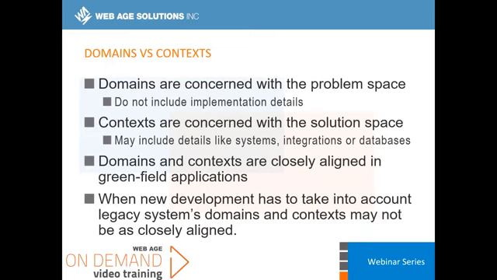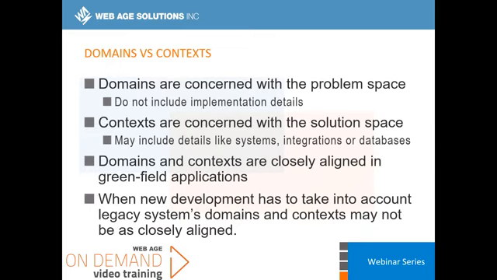Many times we can defer those decisions to a later stage rather than up early in the design stage. But sometimes we know where we're going to get our data from, or we know what we have to integrate with, in some cases what services we may need to employ, etc. So when I map a concern or a domain to a context in a greenfield application, then I wind up with a very close alignment of things.